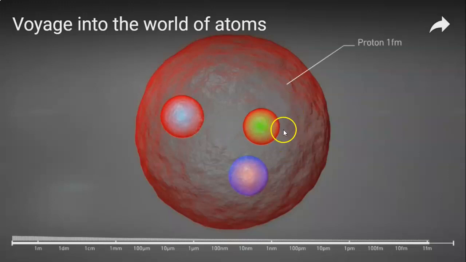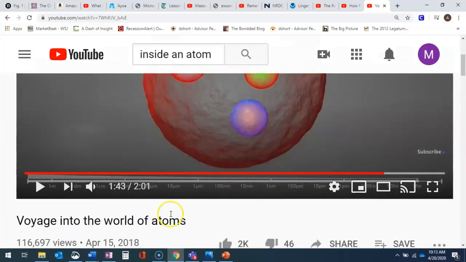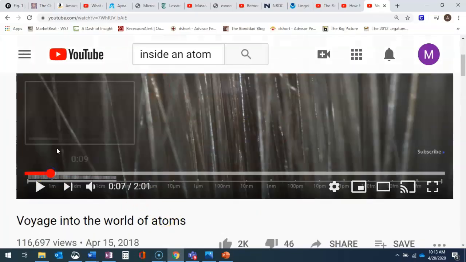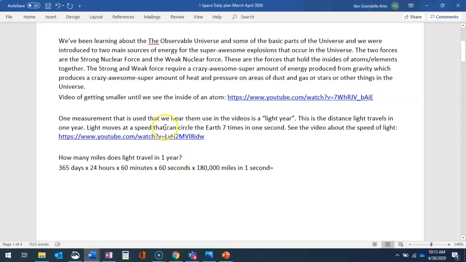It is from inside an atom. Pretty darn crazy. It's an amazing video. So we went all the way from a hair down to the inside of an atom. Pretty cool. So that gives us the explosions in the universe.